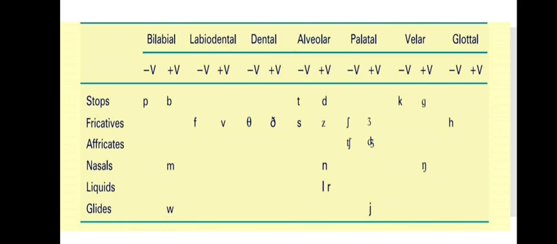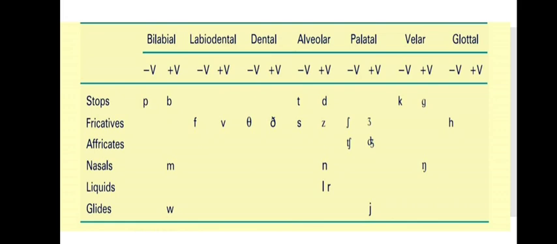My friends, today we are going to discuss the consonant chart. In the English language, there are 44 phonemes, and out of 44, 24 are consonants. All vowels are voiced, but consonants are voiced as well as voiceless.